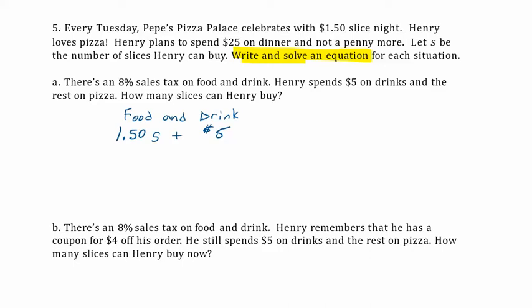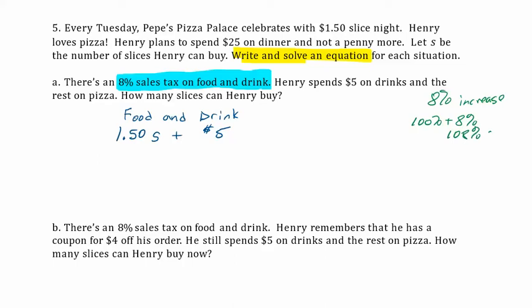Now we have to pay a sales tax on that, an 8% sales tax on food and drink. So in other words, this cost of food and drink will be increased by 8% because of the sales tax. So we're going to do an 8% increase. What is the multiplier for an 8% increase? If we want to increase something by 8%, we're going to start with the whole and we're going to add on 8%.